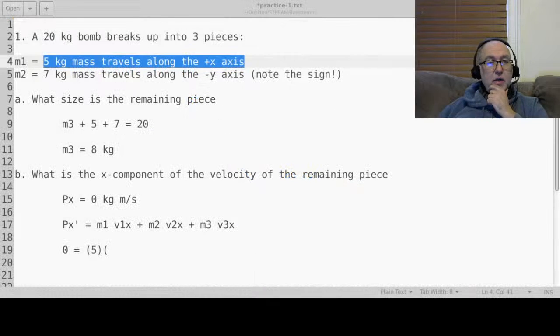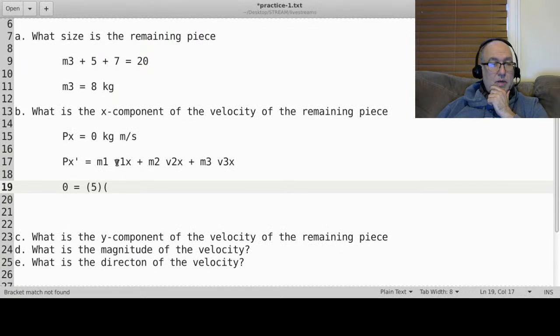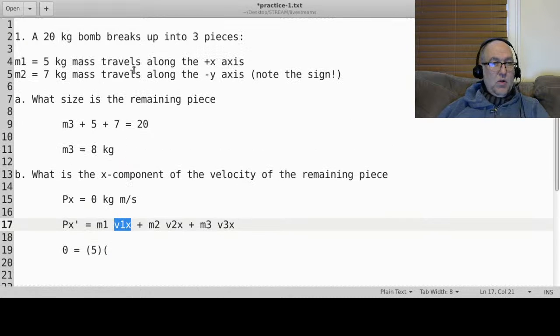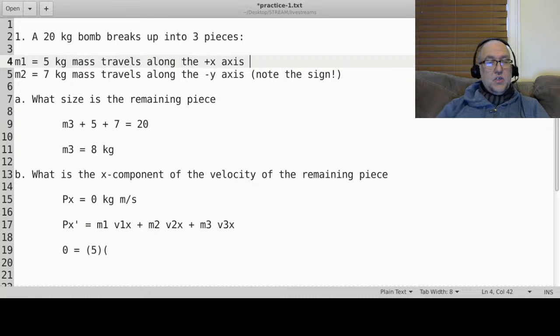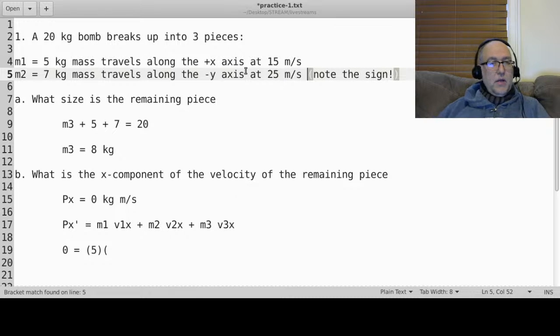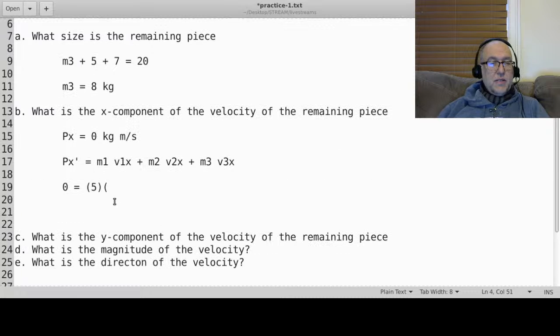Oh, I didn't say what the velocities were. I guess I should right now, at, let's say, 15 meters per second, and for this one, at, let's say, 25 meters per second. There we go. So the 5 kilogram is traveling along the plus x-axis at 15, and so its x component is the full 15.